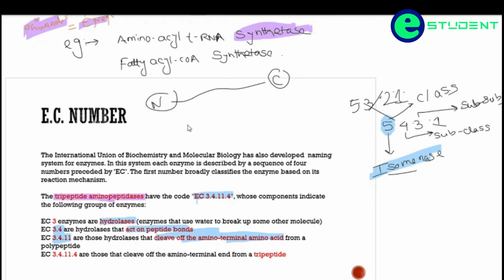So 3.4.11 acts on the amino terminal, so it cuts the amino terminal of each amino acid, and 3.4.11.4 means that it cuts a tripeptide, as I denoted here. This is a tripeptide, which means it is made up of 3 amino acids.